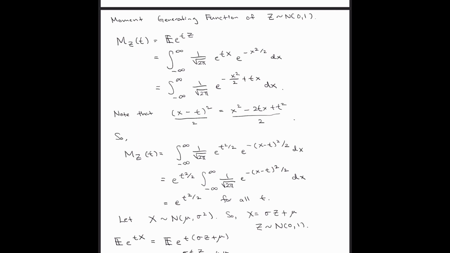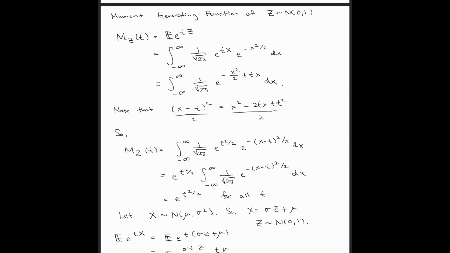And there's an observation that you have to make, which is that x minus t, squared, over 2 is equal to this, and that's just from expanding this. But you should note that if you factor the minus sign, this is minus x squared over 2 minus tx, and if you divide by 2, this term over here is actually already over here.